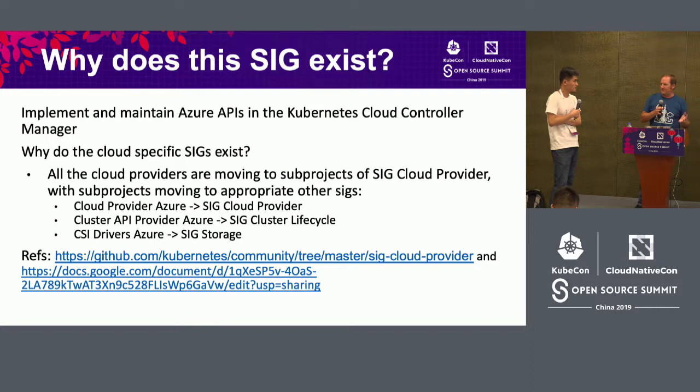The other is user support. We have a significant number of people who use Azure and go to the SIG Azure Slack channel to get help both from Microsoft, but also from their peers in the community. And that's a fantastic thing.